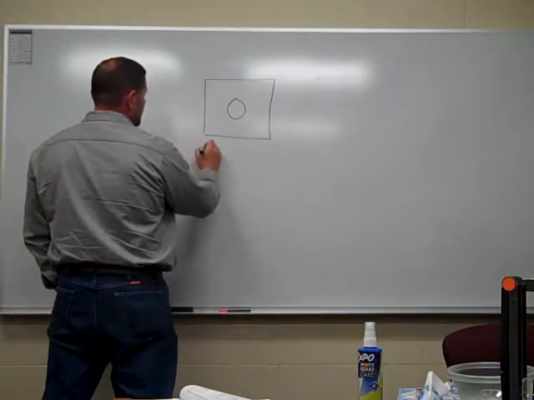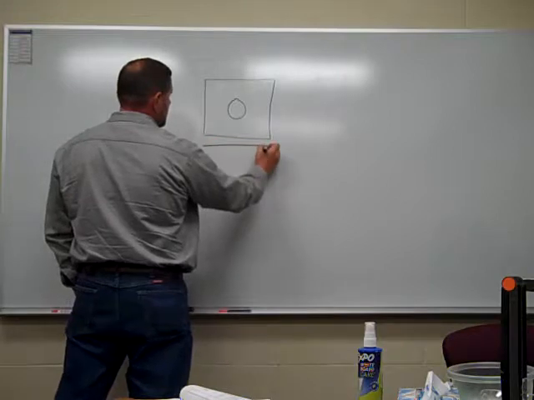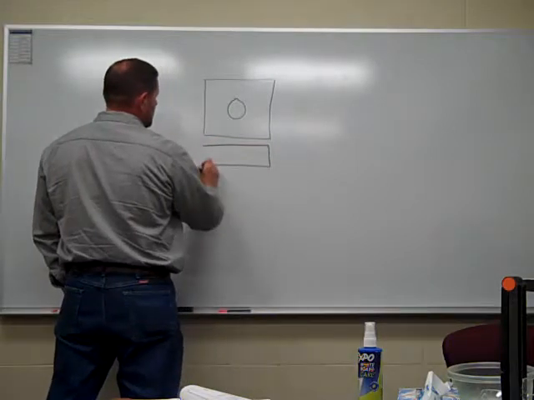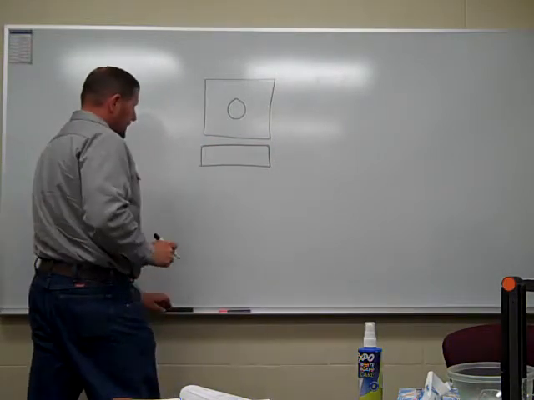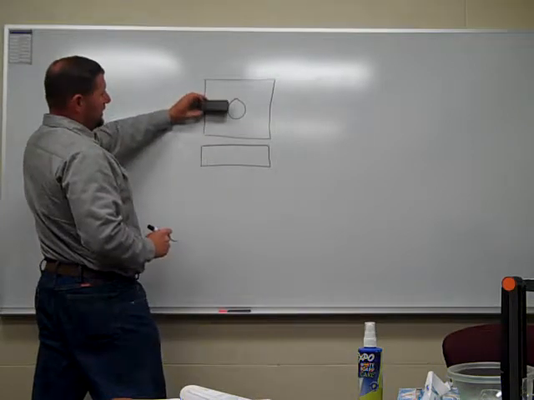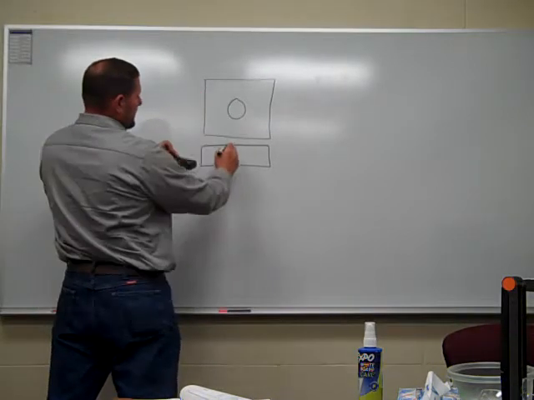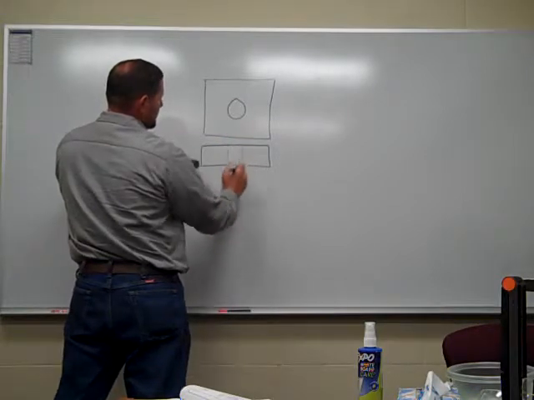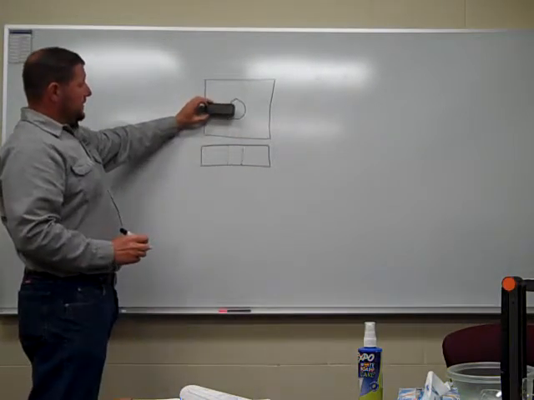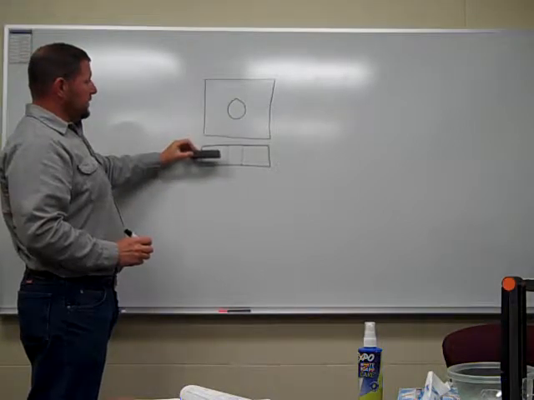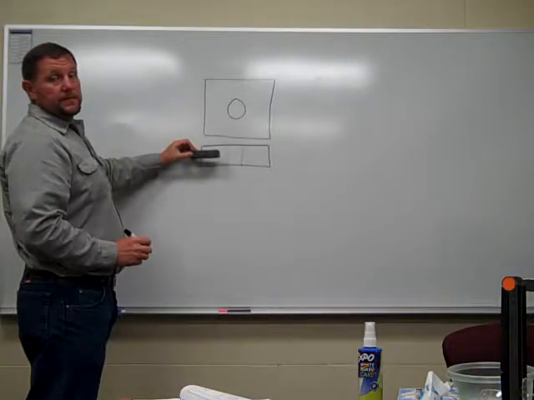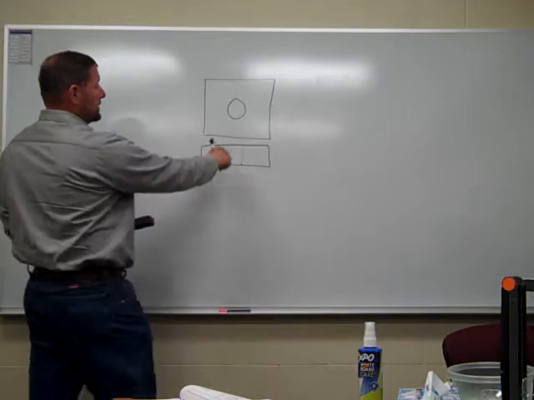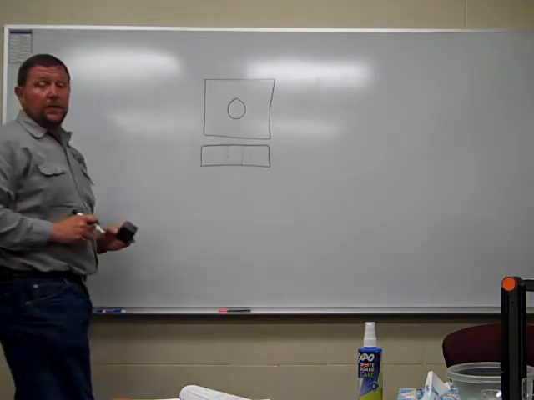Now, if I looked at it from this view, here's my plate. I'm rotating it in here. There's going to be hidden lines right here. You can see the hole in this view, but as I turn it to this view, you can't see the hole. So these hidden lines are telling us that there is still a hole there.